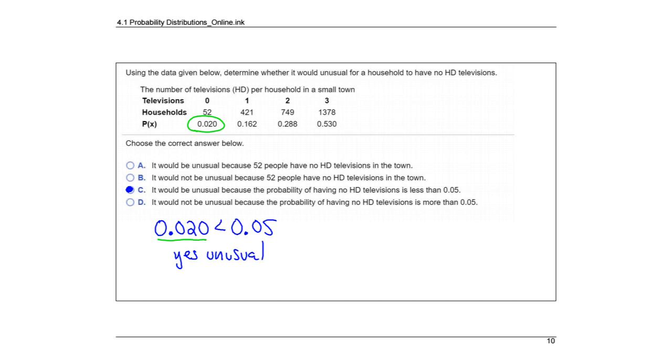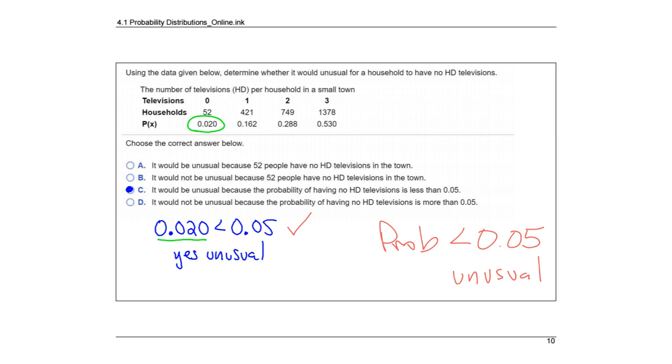So for it to be unusual, the probability has to be less than 5% or less than 0.05. So this would make a probability unusual. Well, for 0 TVs, we have 0.02. So that definitely is less than 0.05, and so this would be unusual.